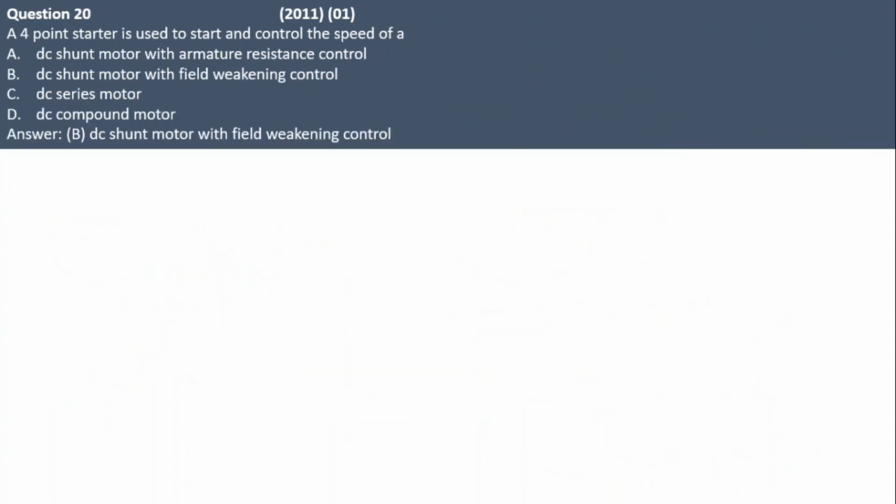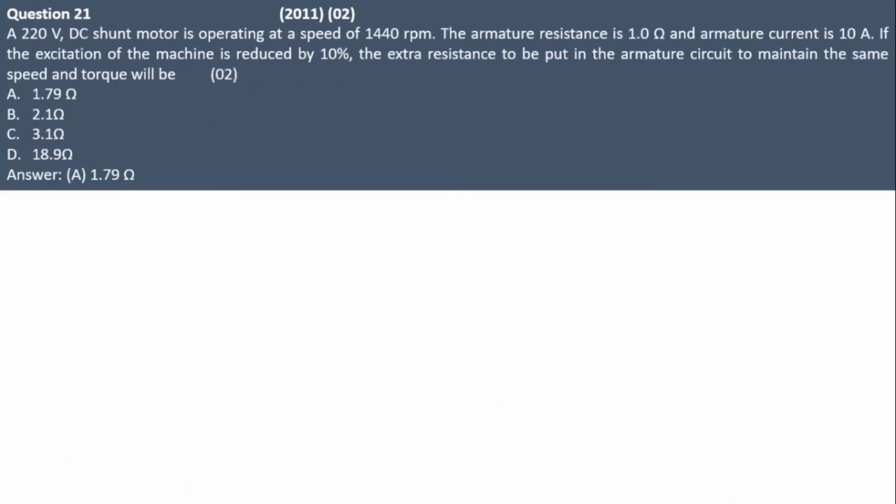Next, a 220 volt DC shunt motor is operating at a speed of 1440 rpm. The armature resistance is 0.1 ohm, armature current 10 amps. If the excitation of the machine is reduced by 10%, excitation means flux reduced by 10%.